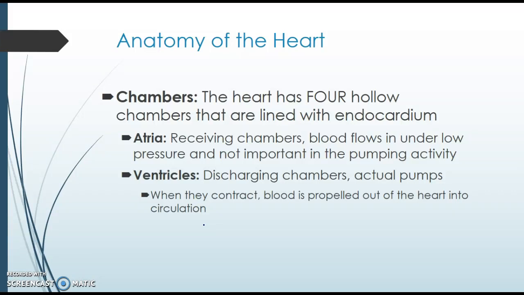They are going to be your receiving chambers, so they're going to be receiving blood from vessels entering into the heart. And then your ventricles are going to be the bottom chambers, and these are the ones that are really using that thick myocardium to contract and push blood out of the heart.